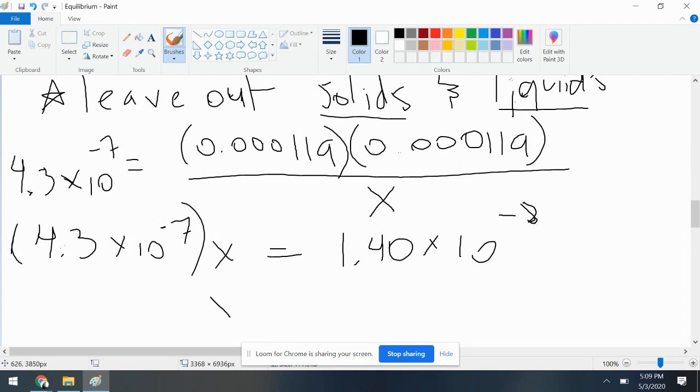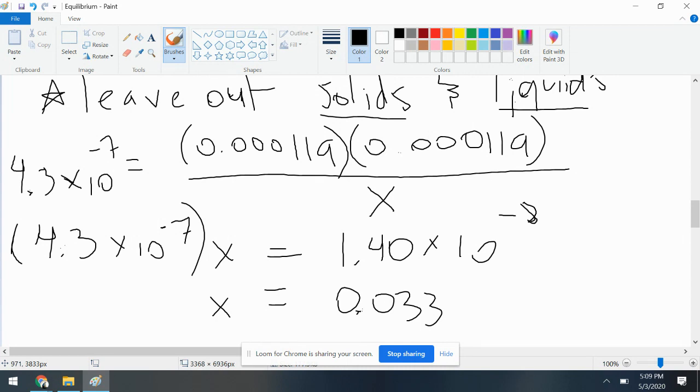After that, go ahead and divide each side by 4.3 times 10 to the negative 7. And you're going to get, here is my concentration at equilibrium for that particular reactant: 0.033.